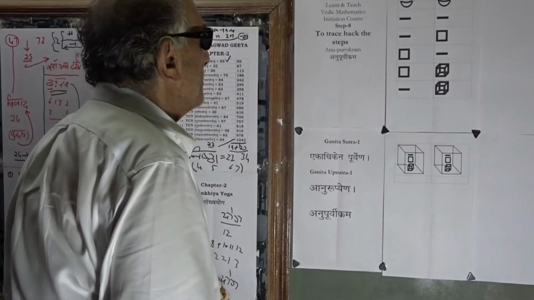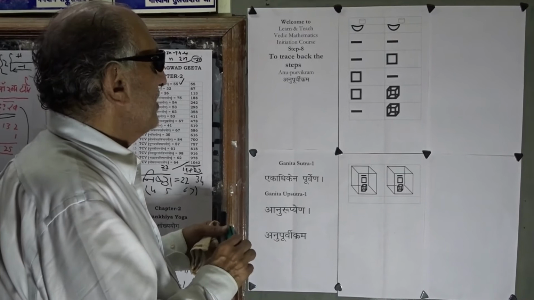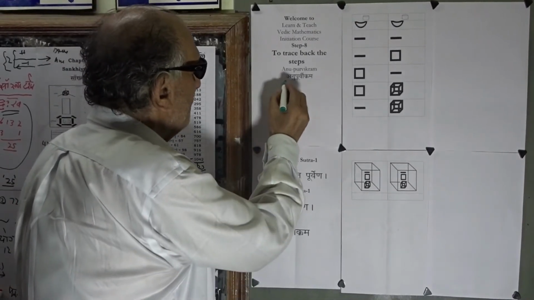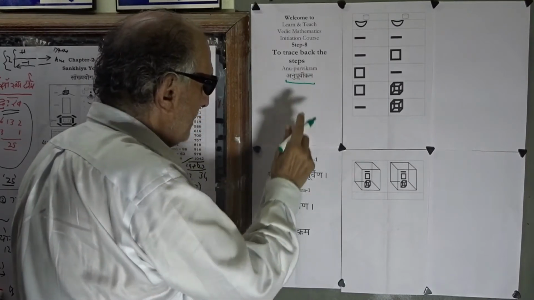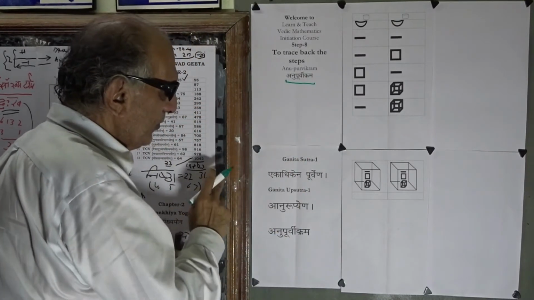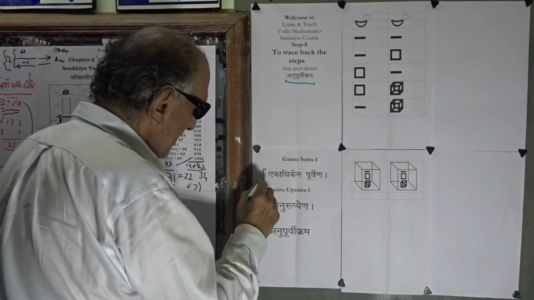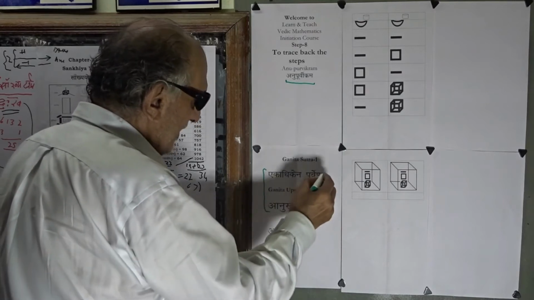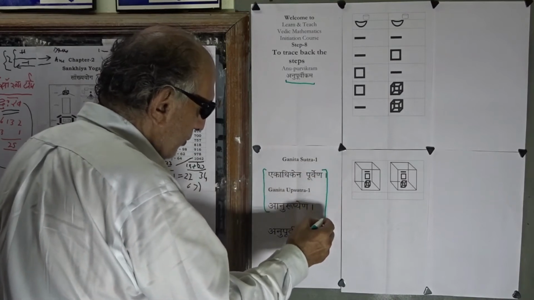Welcome. Today in this evening session, we shall be focusing upon the formulation Anupurvi Kram. The formulation Anupurvi Kram is the integrated formulation of the values of Ekadhikein, Purvain and Anurupain.